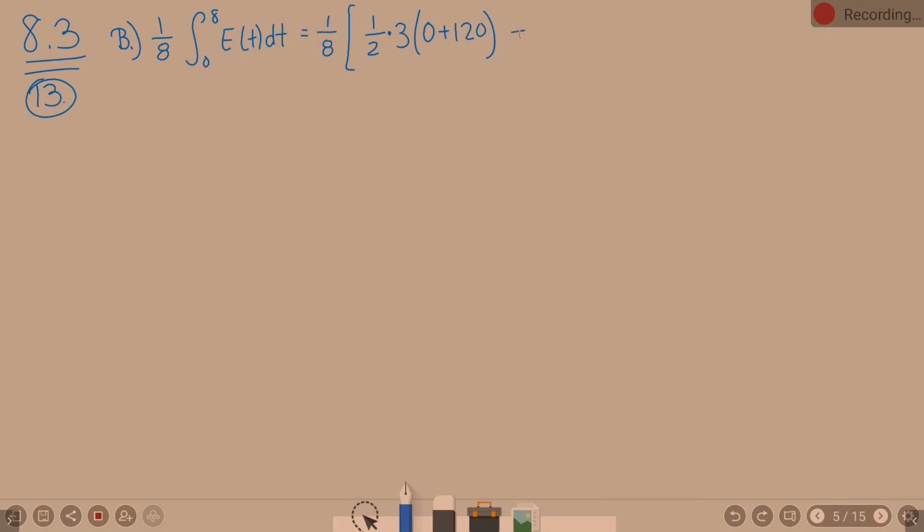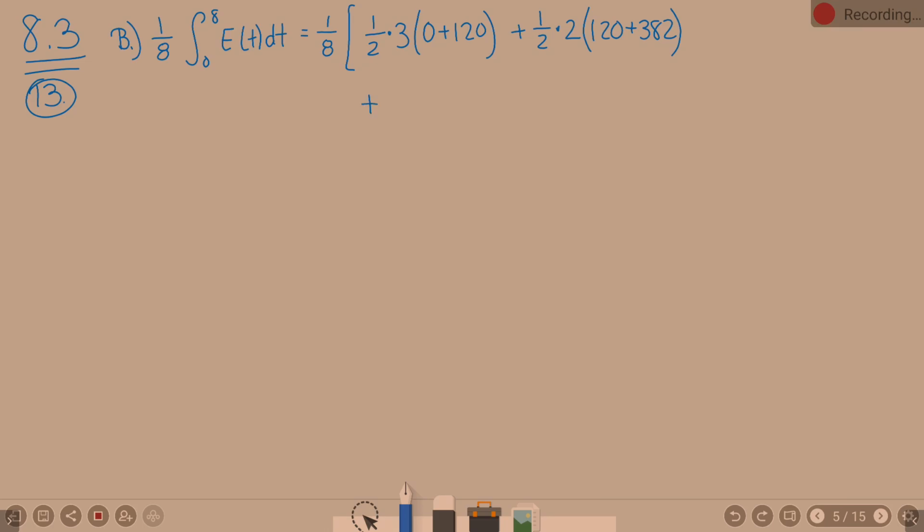Plus, and it did say 4 subintervals, so that's what we're doing here. Next one: 1/2, the width of the interval this time from 3 to 5 is 2. Base 1 plus base 2 is going to be 120 plus 382. Keep going. We've got 2 more to do.